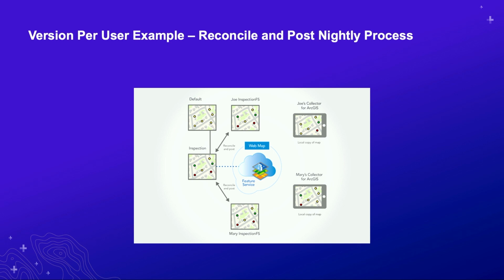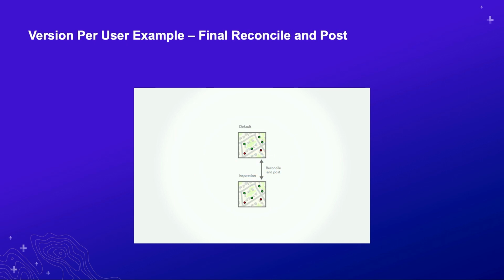And there's geoprocessing tools available specifically for this workflow. And then you can see these changes are potentially propagated out to the client. And then finally, once you've performed all of your work out in the field, you can perform a final reconcile and post to the default version.